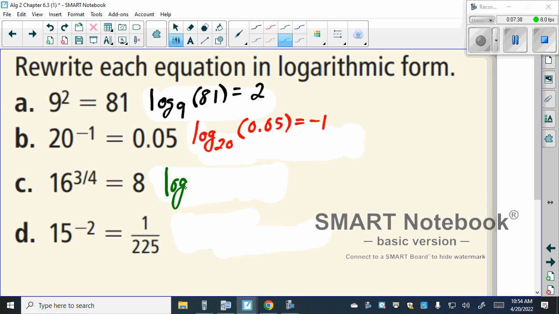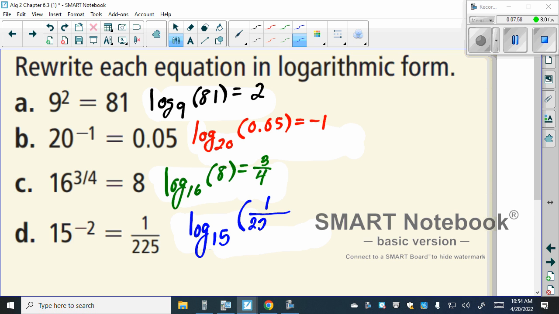Our next one would be log of equals 3/4. And lastly, log base of 325. Questions on any of this here? Questions on anything we've done so far?